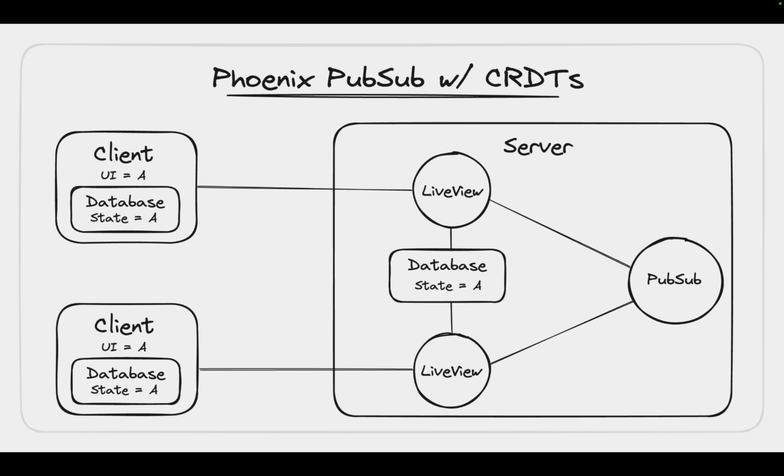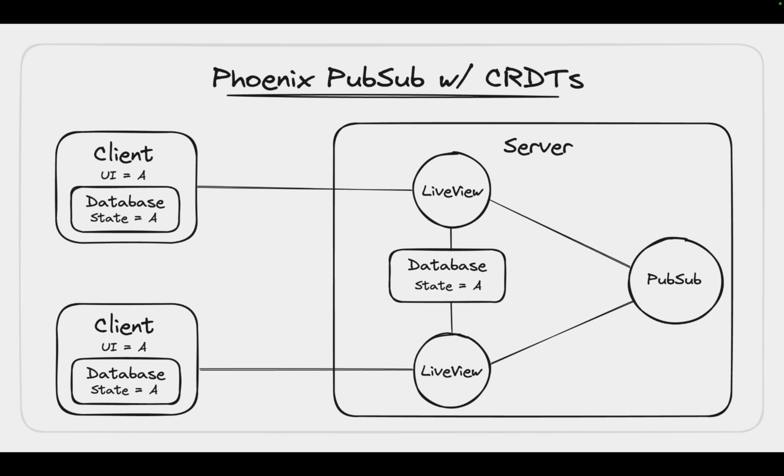Okay, so let's take a look at what our app looks like now with CRDTs. We have our servers with our LiveViews connected to a single database, and each LiveView is also connected to a client. And each client also has its own database.